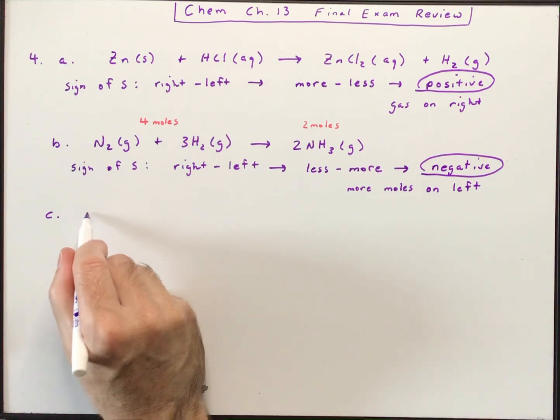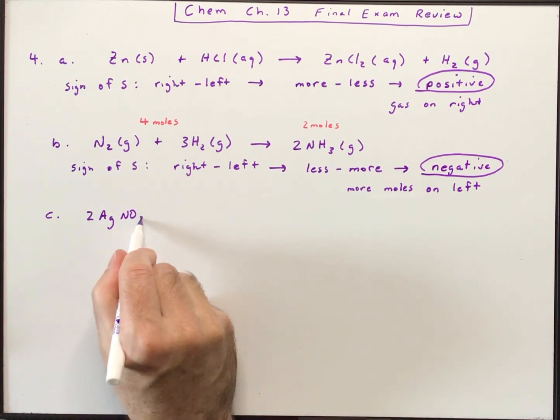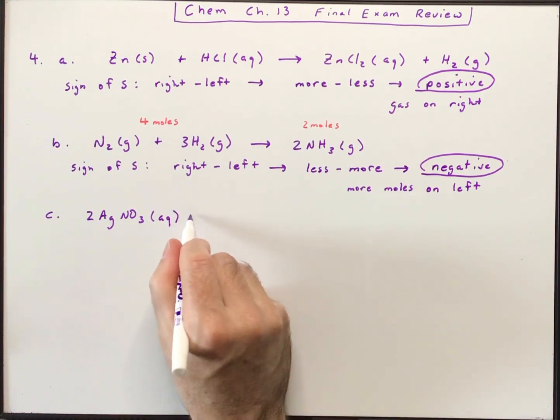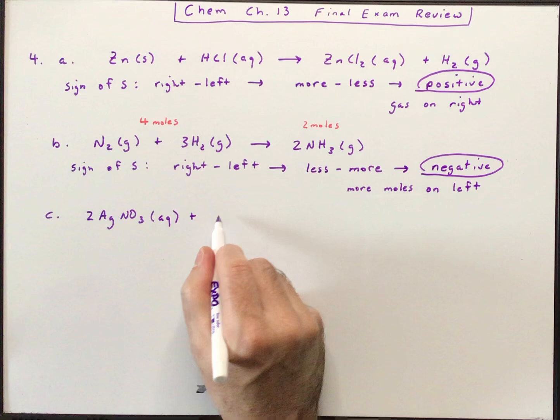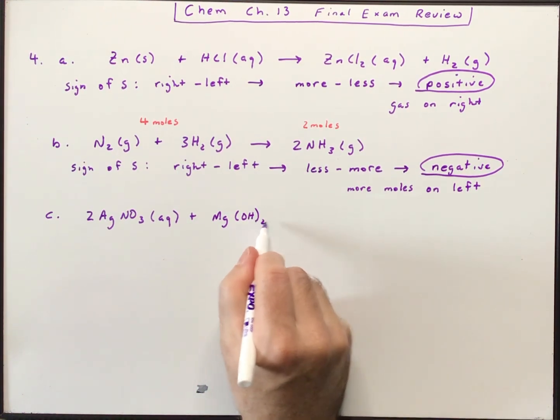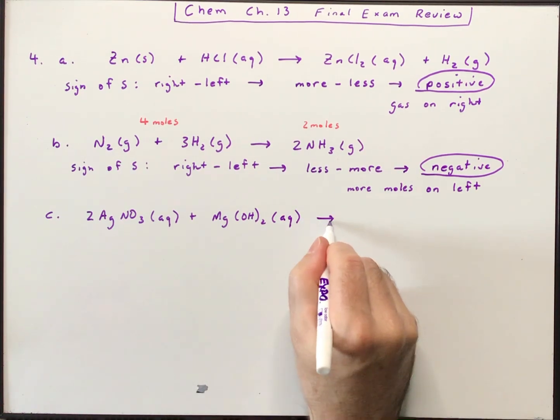All right, and then C, we have 2 silver nitrate, that's aqueous, plus magnesium hydroxide, also aqueous.